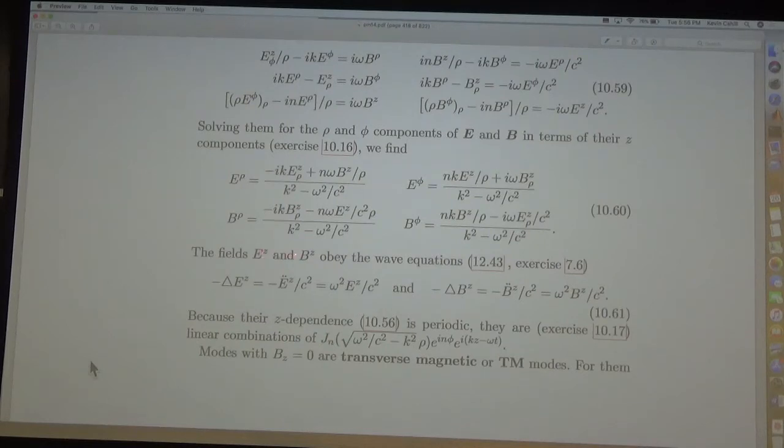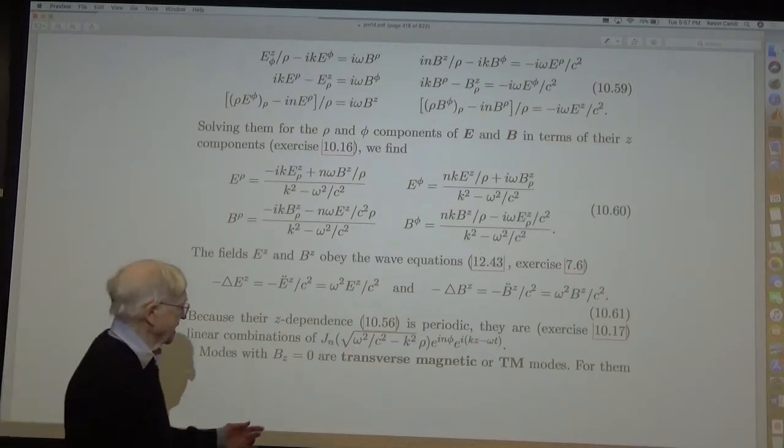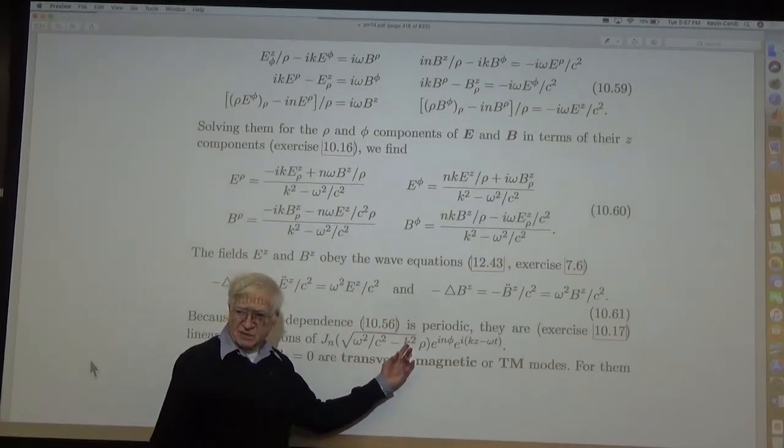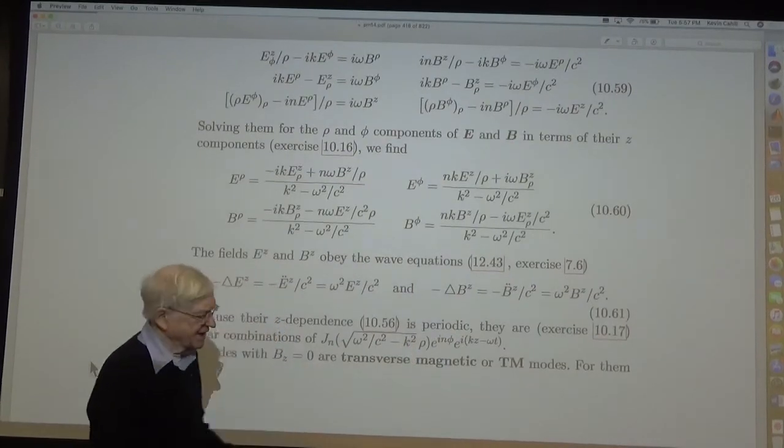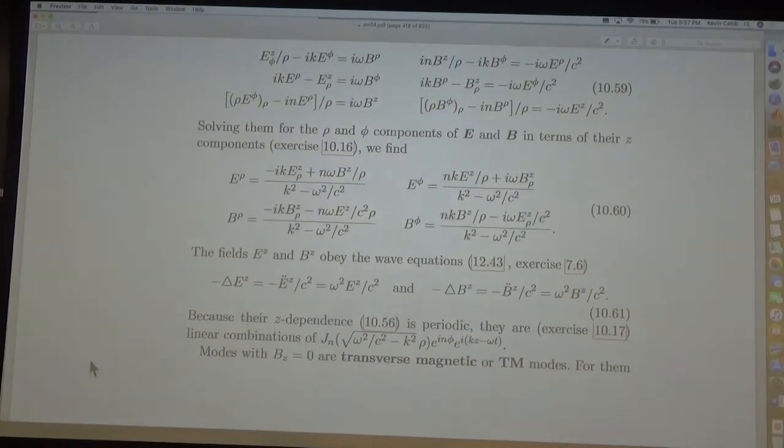The fields EZ and BZ obey these wave equations, and since their z dependence is periodic, they're linear combinations of this Bessel function. So these are the solutions that I just went through on a previous couple of slides, namely that I think this was alpha squared and this was k squared, although I may have had alpha and k playing opposite roles.